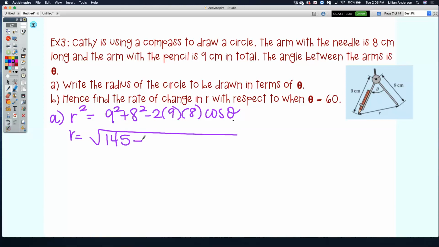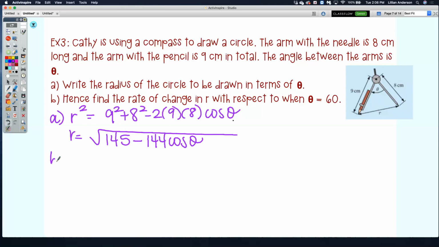Then I'll have minus, what's 2 times 9 times 8? Or what's 72 times 2? 144. So this is R in terms of theta. No, I cannot take the square root of 144 and say that's a 12, because there's not a perfect square within 145 for us to cancel that out. But there's R in terms of theta.